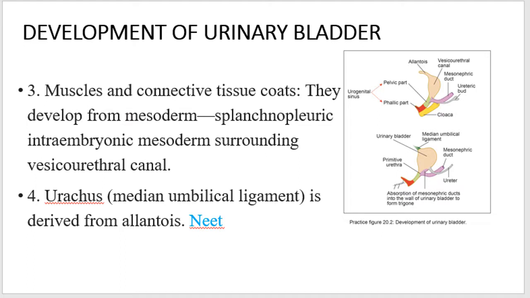And the urachus is formed from the allantois, and that forms the medial umbilical ligament in the adult. The allantois is a diverticulum that arises from the endoderm into the connecting stalk. After folding, that is attached to the cloaca.